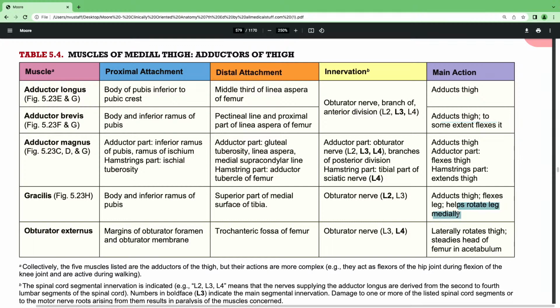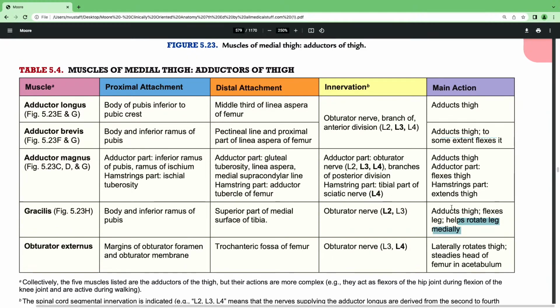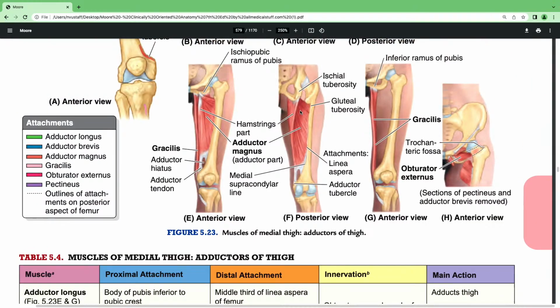Very interesting thing about adductor magnus: if you go back to this picture, you will find that according to its attachment, it's not only passing as part of the medial compartment, but it passes posteriorly into the thigh region. You can see here, this is the posterior part of the adductor magnus.